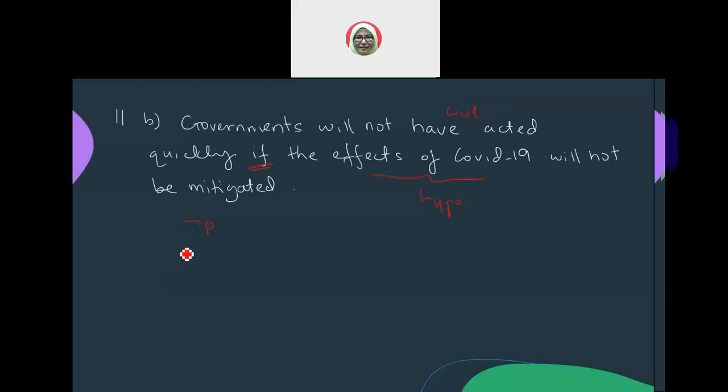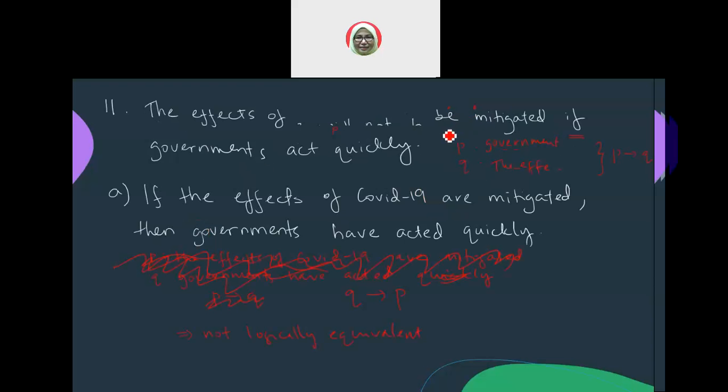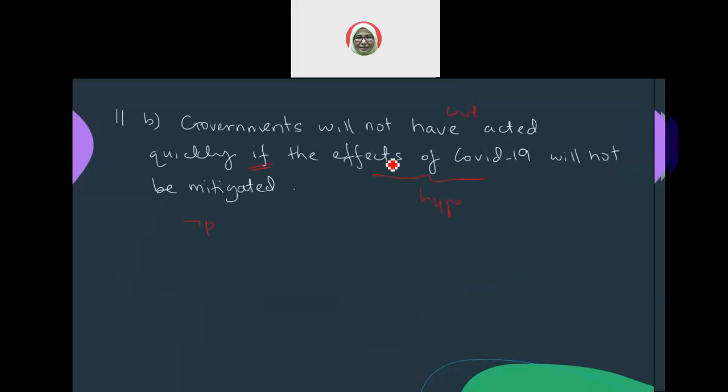So just now, government is P, and the effect is Q. So this one is not Q implies not P, right?